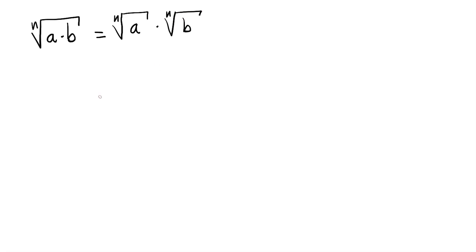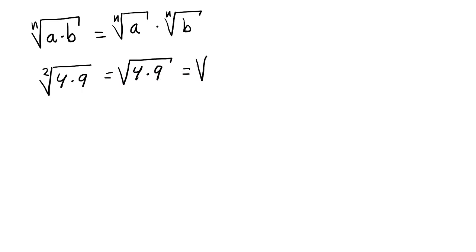Then we can also write down rules for roots. If you take the nth root of a multiplied by b, then the rule says that this is the nth root of a multiplied by the nth root of b. For example, if you have the square root of 4 times 9, and now we don't have to write out the 2 here, since per convention it means 2.